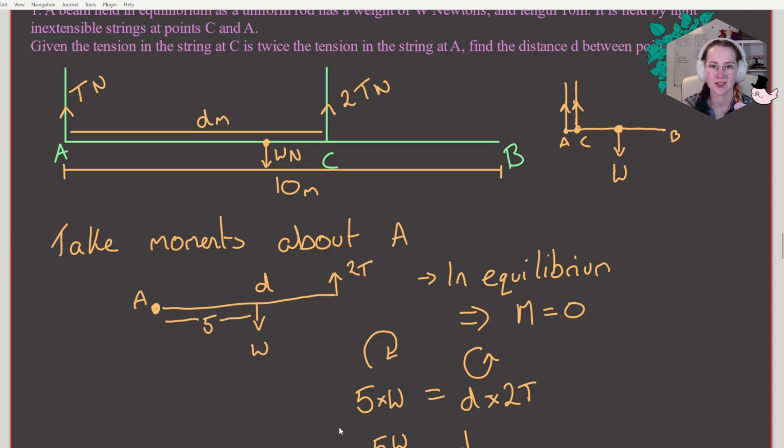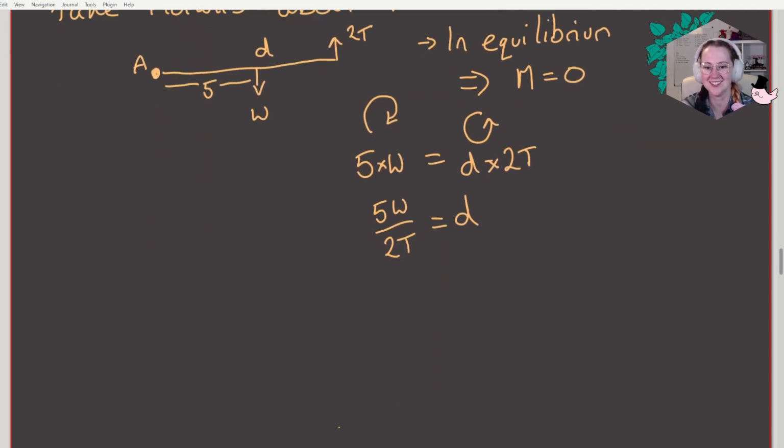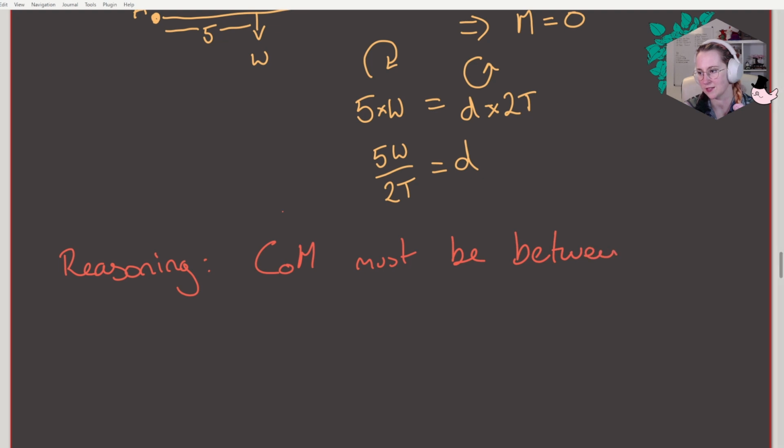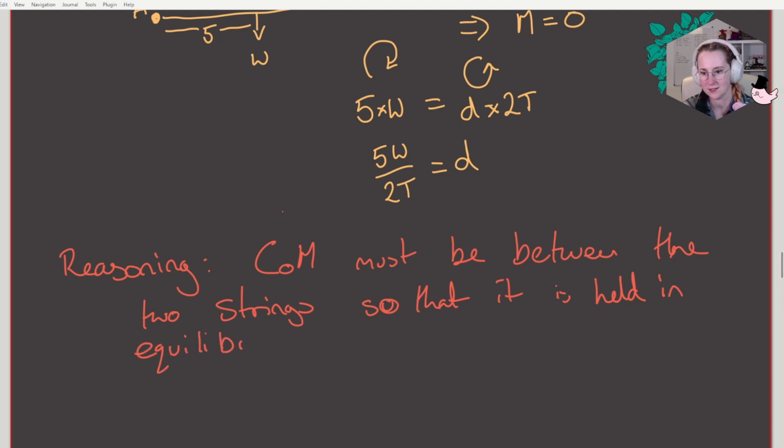Which means, reasoning: the center of mass must be between the 2 force strings so that it is held in equilibrium.